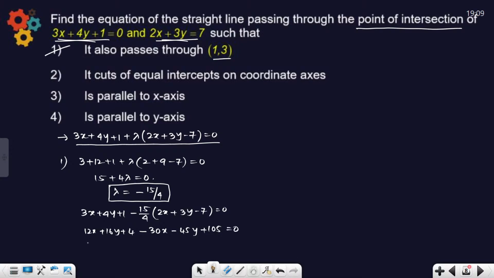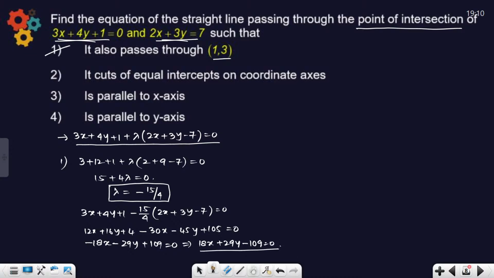Therefore, the equation is basically minus 18x minus 29y plus 109 equals to 0. Or you can write it in this way also, 18x plus 29y minus 109 equals to 0.